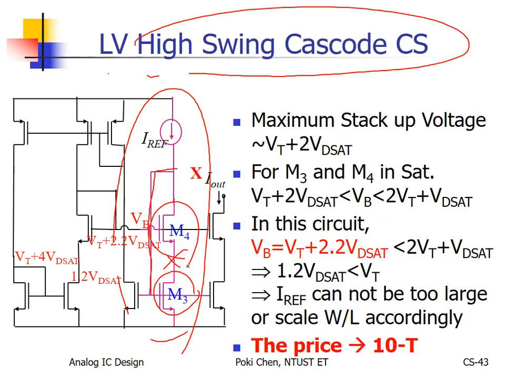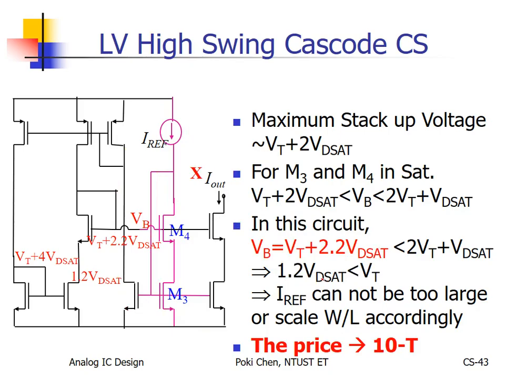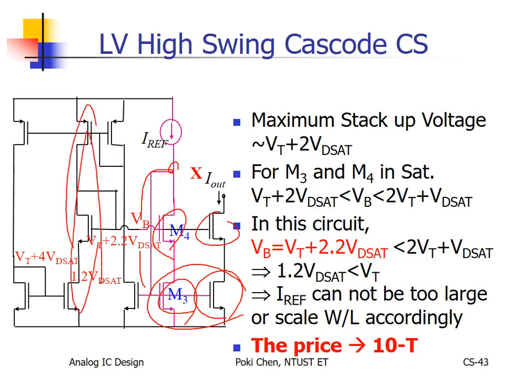And then you can see M3 and this one are perfect. They have the same bias, because it is generated from here, right? To supply M3 and this one, and M4 and the other one, their bias is generated by the others.